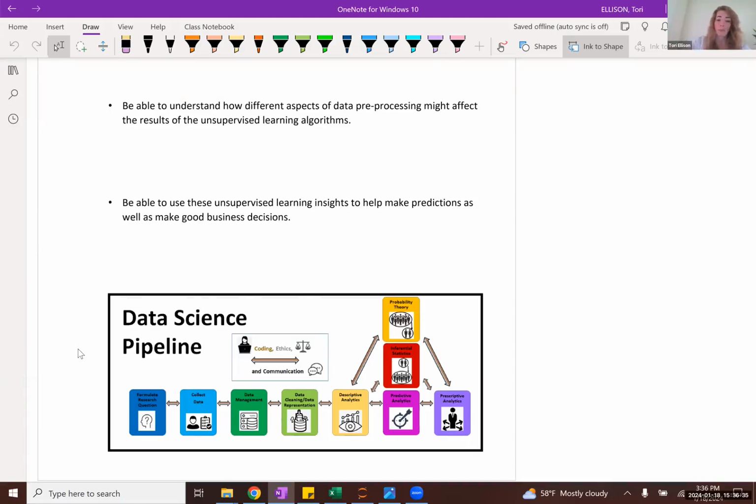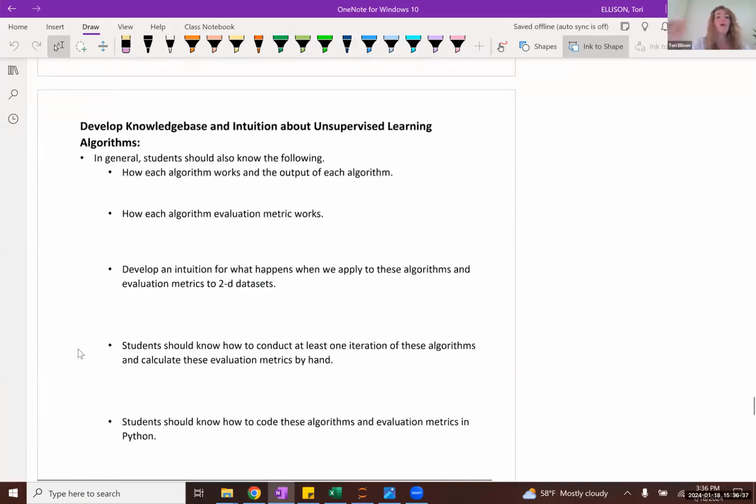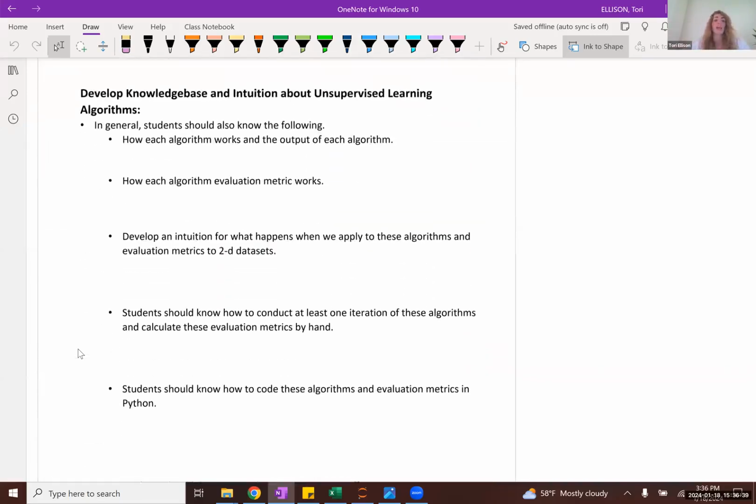Okay. And then one final thing that I wanted to discuss is, in addition to writing up a full unsupervised learning analysis, we also want to develop a deep knowledge base and intuition for how and why each of these unsupervised learning algorithms works.